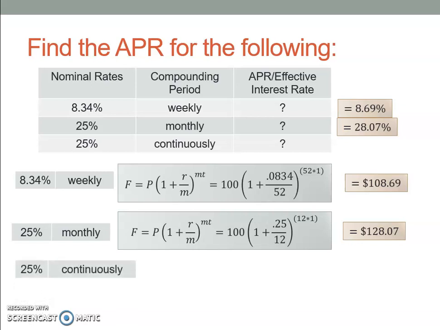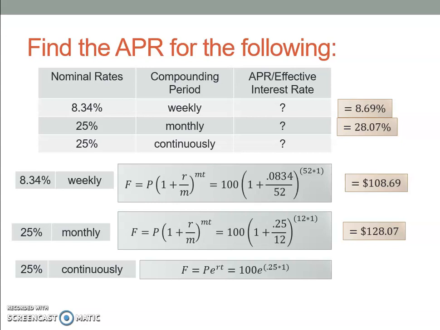Now, finally, what if it's 25% compounded continuously? What is the APR? Please take note that compounding continuously has a different formula. The formula, I hope you watched the previous video, is P e to the rt. So now the letter P is still $100.